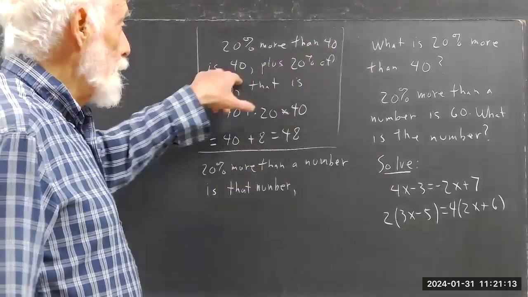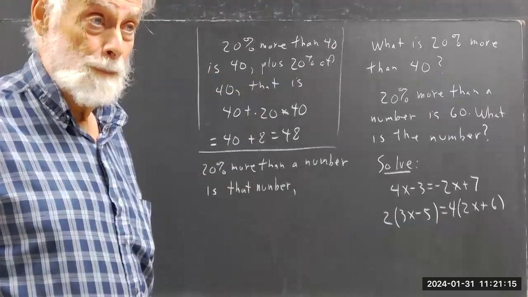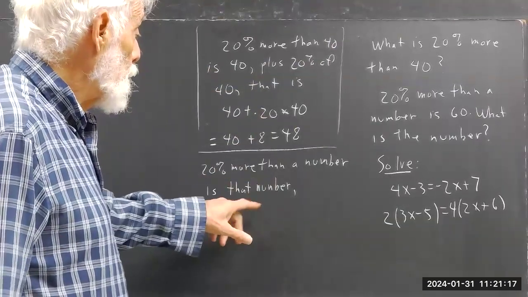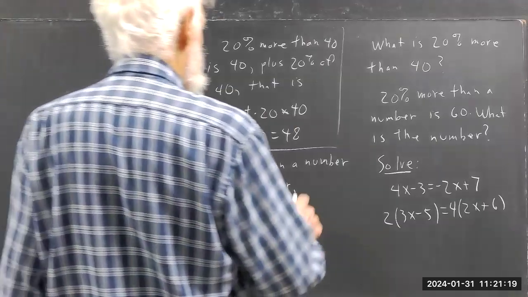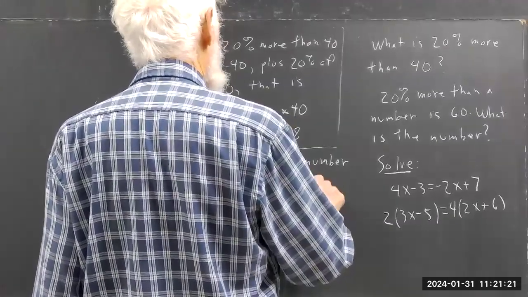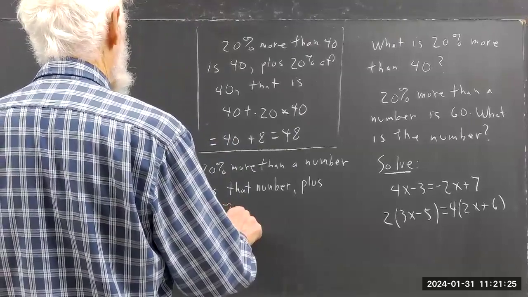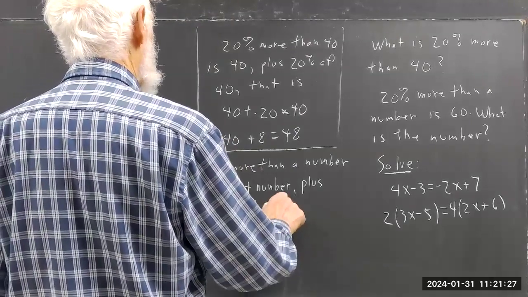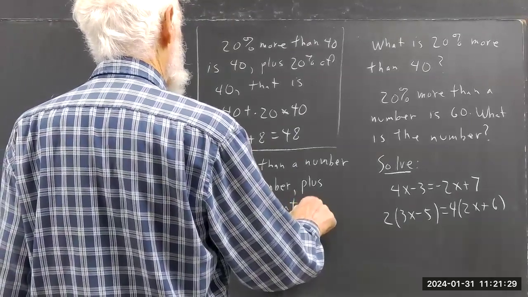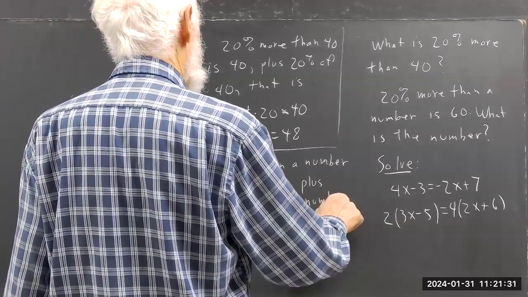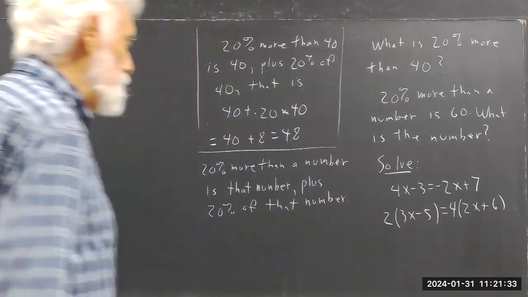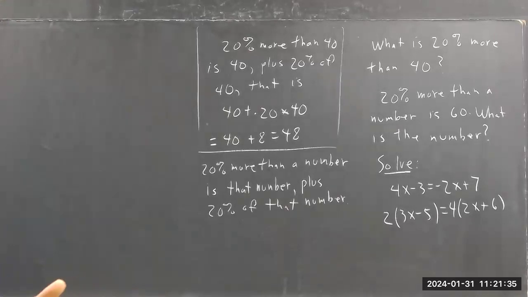We can't say 40, we don't know what the number is, right? So say 20% more than that number plus 20% of that number. That statement makes sense?